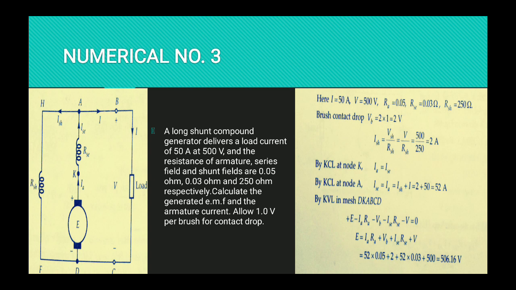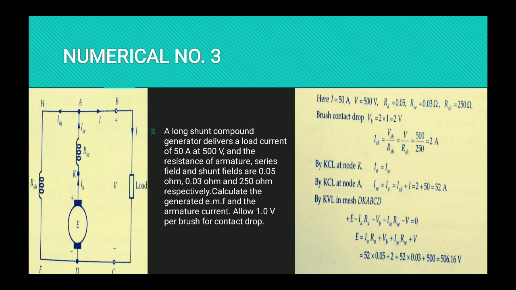In this mesh, the total potential drop is, at first, the armature voltage drop, IA into RA, so 52 into 0.05, plus the voltage drop in the brushes, which is 2 volt, plus the voltage drop in the series resistance, that is 0.03 into 52, plus the load voltage, 500 volt.